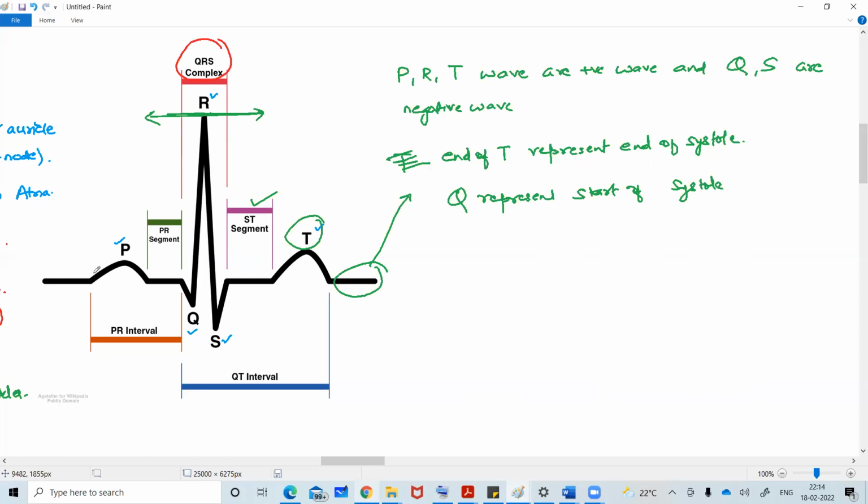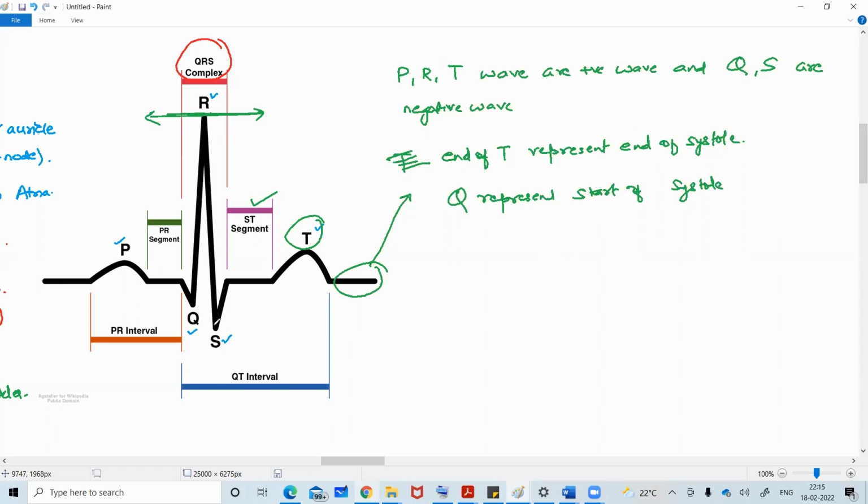So this P is actually the depolarization of the auricles, right? Now slowly it becomes normal, then again goes down. That means blood is going to the lower part, which is now going to contract. As they are contracting, blood from the right side goes to the lungs, and from the left side goes to the aorta.